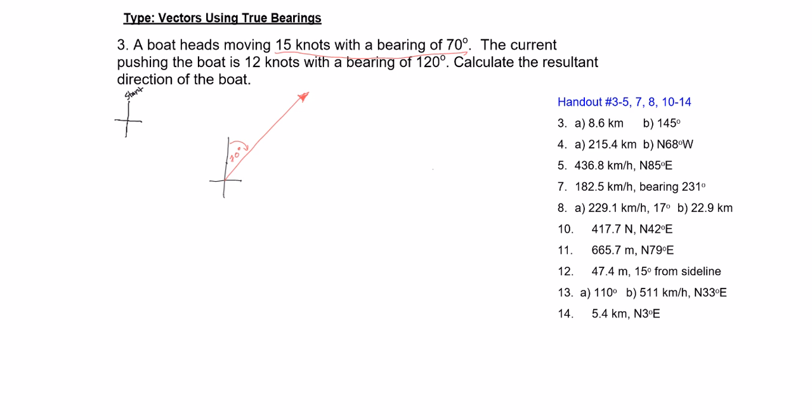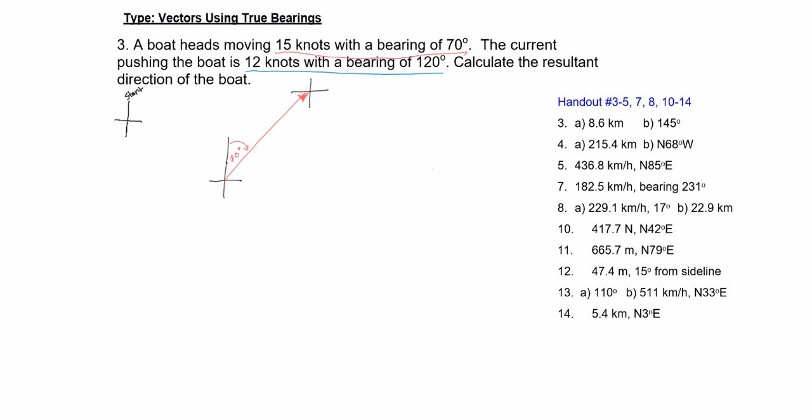Now, what we have to do next is we have to create our next vector. So for our next vector or direction, it says it's 120. I'm going to draw that in blue. It's 12 knots with a bearing of 120. And that's what the boat is doing.